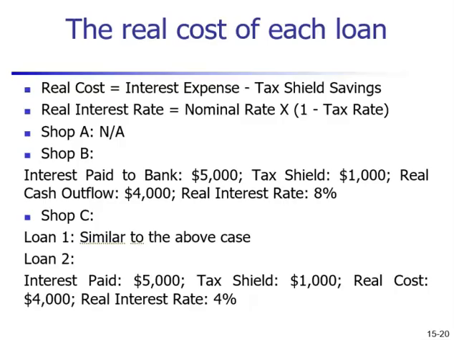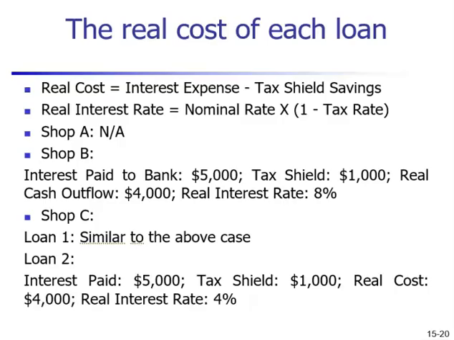But now let's go for loan 2. Interest paid is 5,000. That's correct, because the loan was $100,000 and the interest rate was 5%. So the amount of interest paid is 5,000.